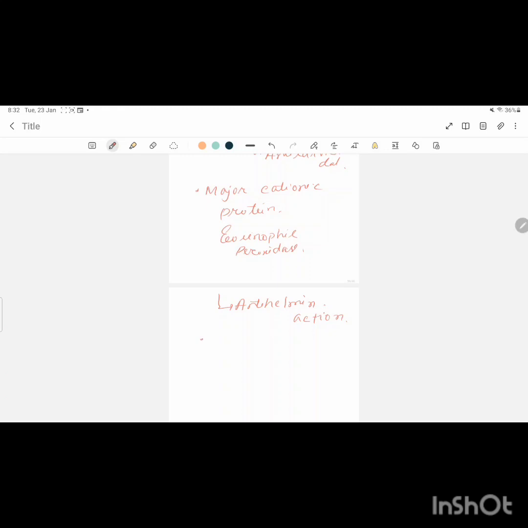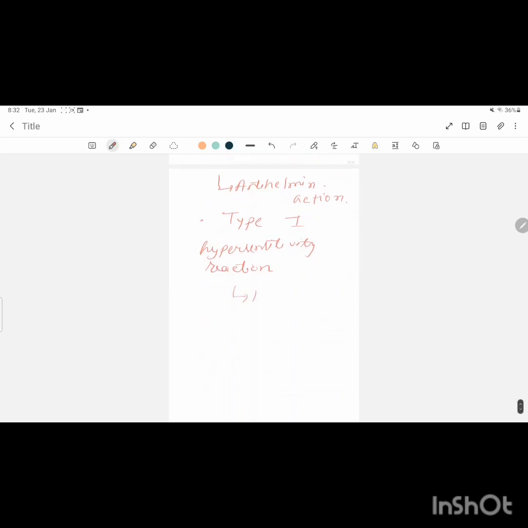Now eosinophils play a very important role in type 1 hypersensitivity reaction, in allergies. They also release histaminase and aryl sulfatase B. Histamine is responsible for bronchoconstriction.